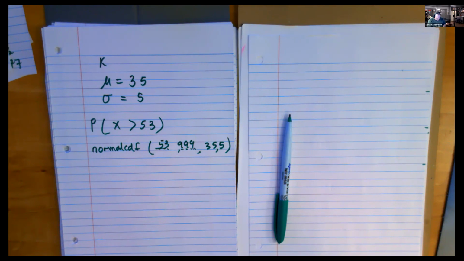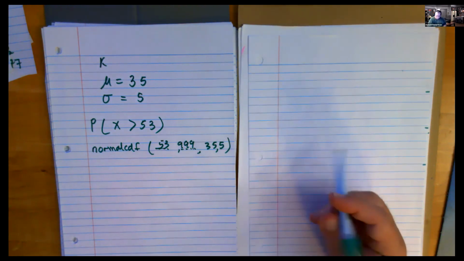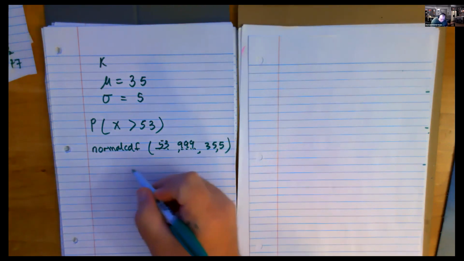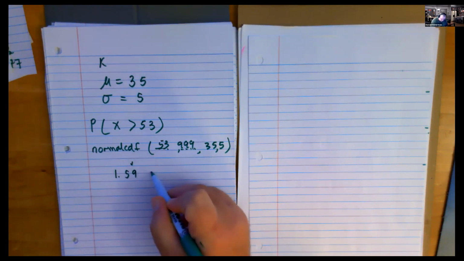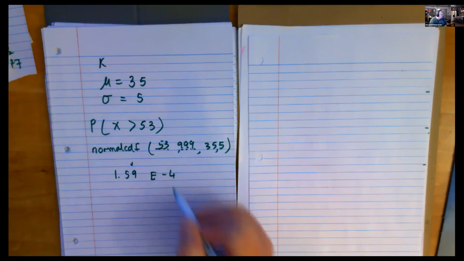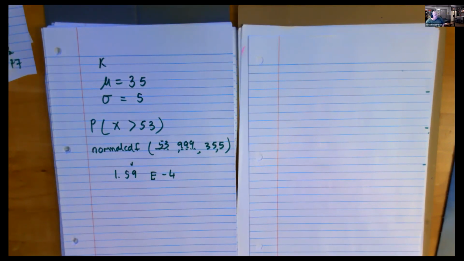So it's normal CDF. We're back to that guy. I'm typing in 53, 999, 35, 5, and I am looking at, whoa, that's interesting, 1.59 e to the negative 4. Are you looking at that? That's not wrong.